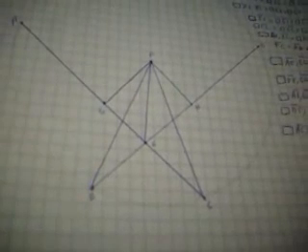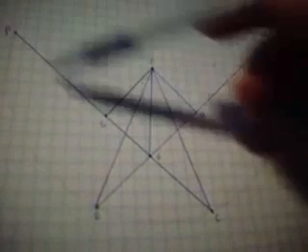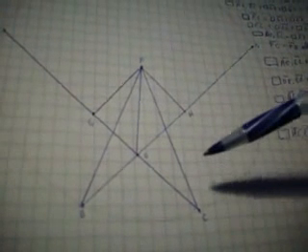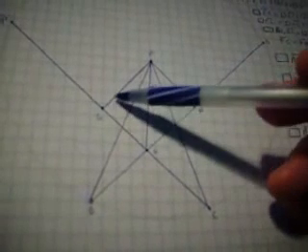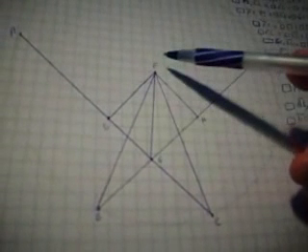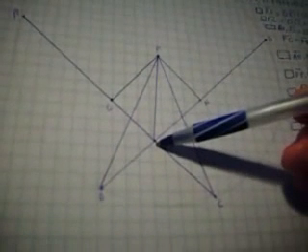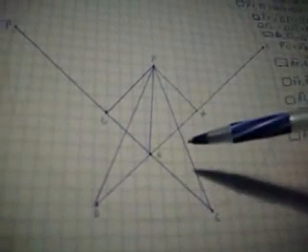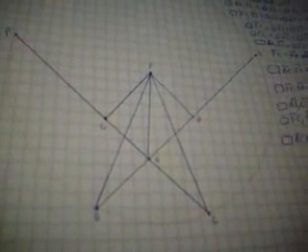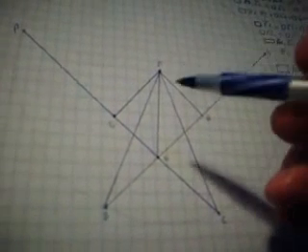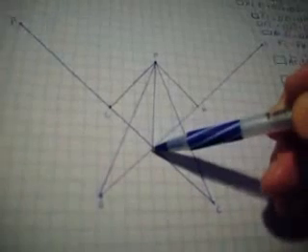Now, since AC, this is AC right here, has been cut into equal parts by FG, and it has been cut into unequal parts at point E, then we can say that the rectangle that would be formed if we were to use sides AE and EC, well, here's AE and EC.